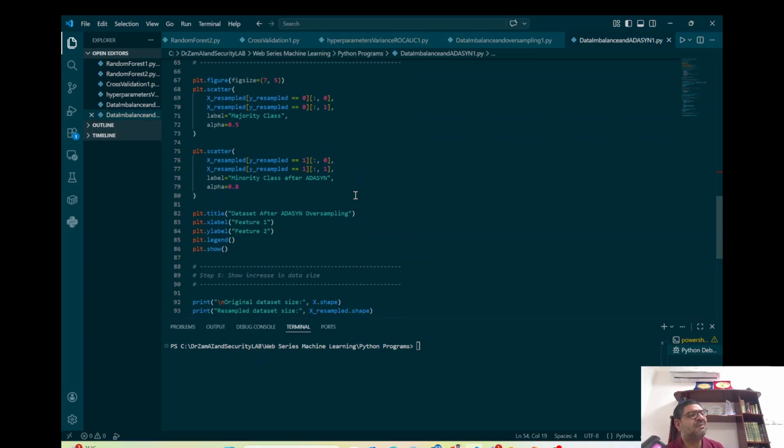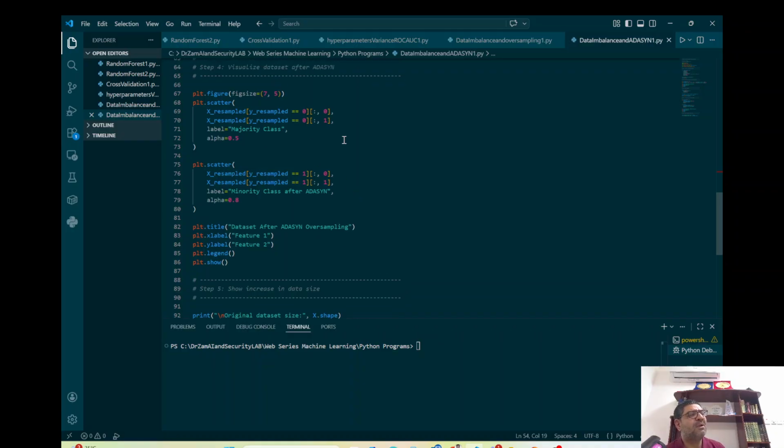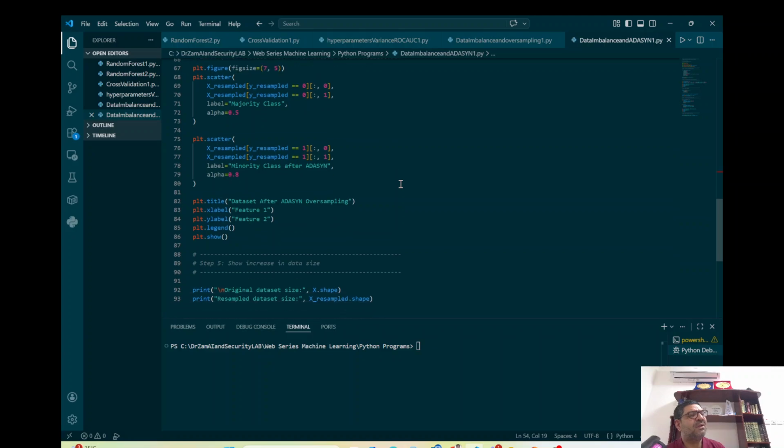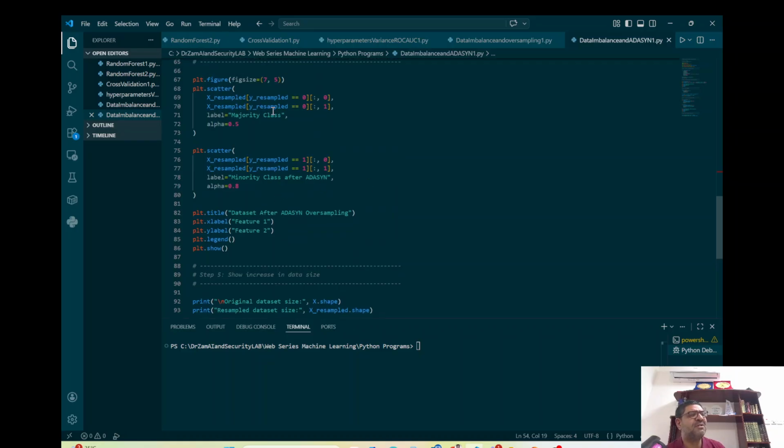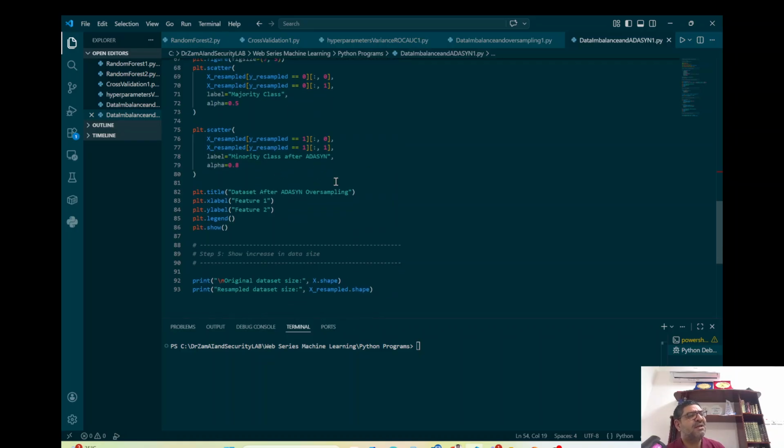And then it will be putting these resampled ones. That is the normal one, and then the resampled ones. For the minority class after this, it has printed the majority class, now the minority class, and here it will be putting the transparency as 0.8.